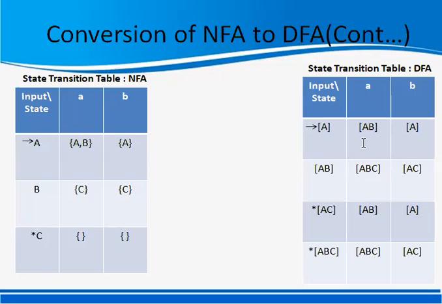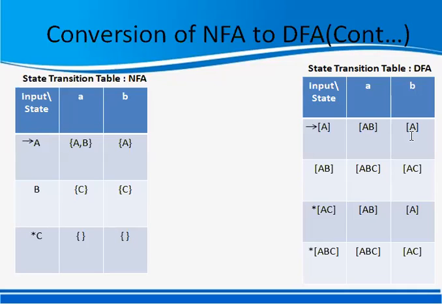So we have written here AB. AB here represents a single state. In DFA, we will consider it as a single state, namely AB. Now we will check for the input small b. From state A on input small b, the next state will be A. So we have written here A.